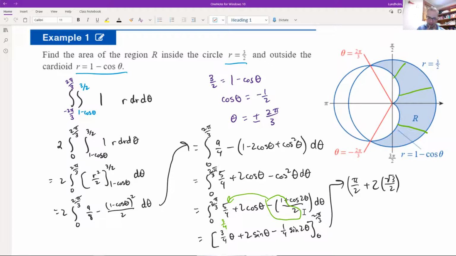And then minus 1/4 times the sine of 2 theta. 2 times this theta would be 4/3 pi, so we'd be down over here, at minus 2/3 pi. So the sine there would be negative square root of 3 over 2.